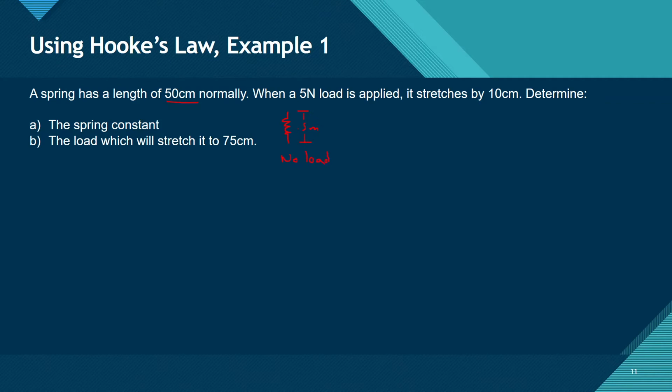When a 5 Newton load is applied, it stretches by 10 centimeters. So we have the same spring, and a load is applied, so there's a box attached, and it has a 5 Newton load, and the length increases by 10 centimeters. So this is 0.6 meters.